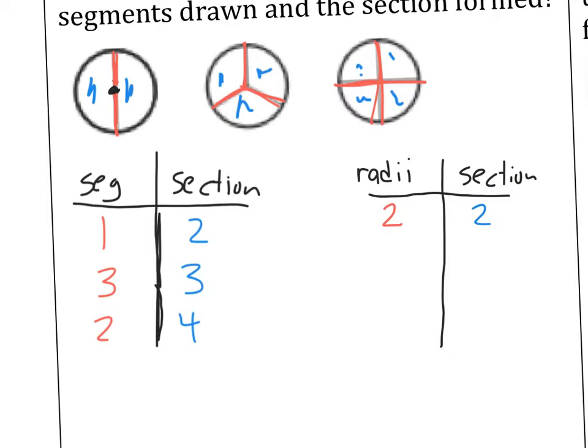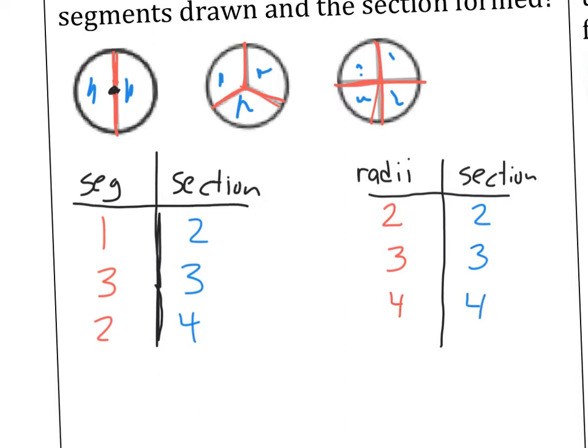Now clearly the second one is easy. We have 3 radii, 1, 2, and 3. And then we have 3 sections. And then over here, what looks like a plus sign is actually 1, 2, 3, and 4 radii. And I get 4 sections.